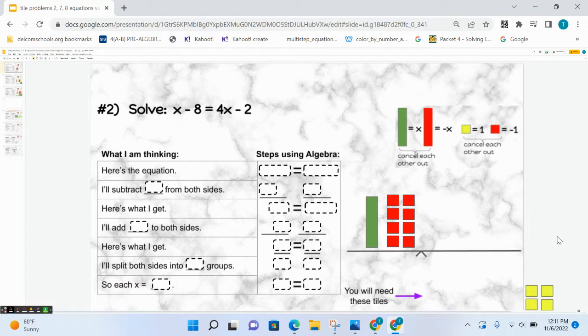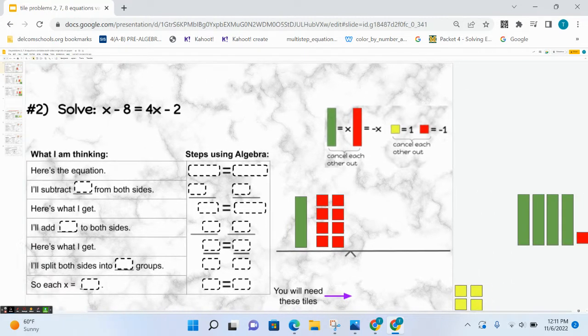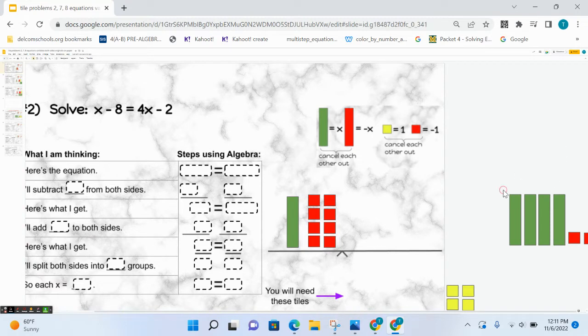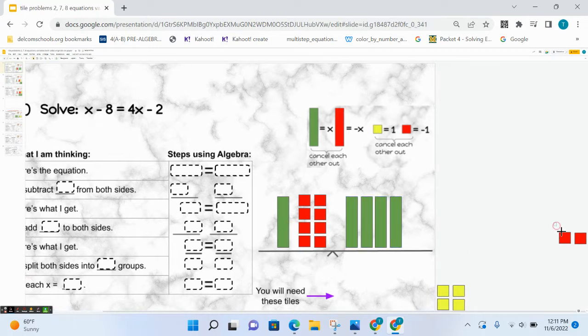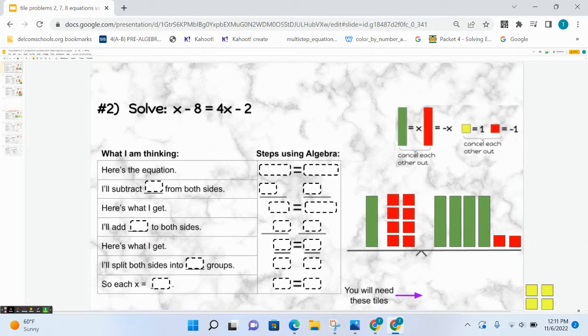So here's x minus 8 on the left, balancing with 4x, 4 x's, 4 rectangles, and then it says minus 2. Think of that as negative 2 with tiles. So we have x minus 8 on the left, balancing with 4x minus 2 on the right.